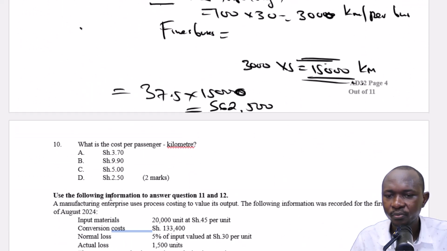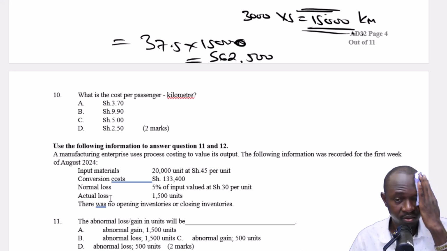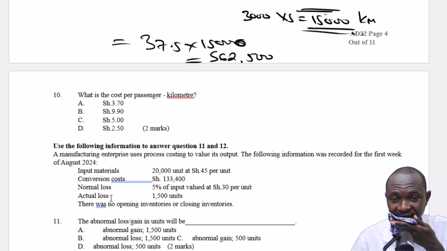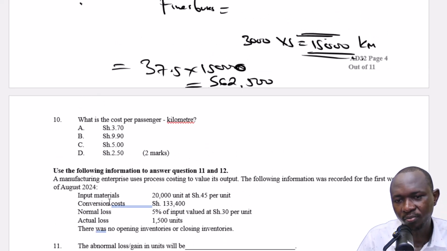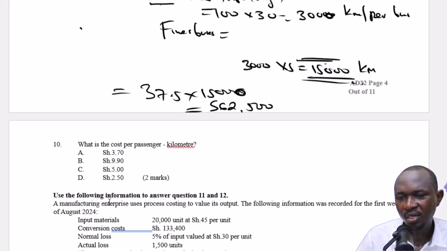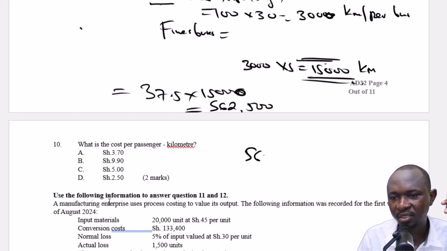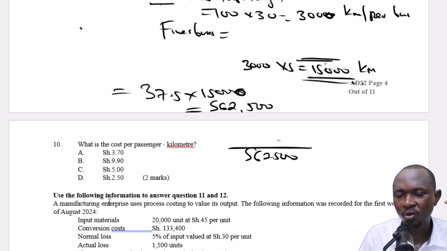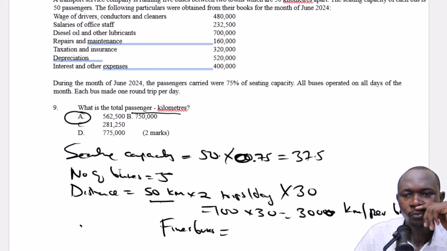Okay, let's go to question 10, which is the last part of this session. What is the cost per passenger kilometer? So we already have the passenger kilometers, which is 562,500. For the cost, you simply add all this and we'll be done.